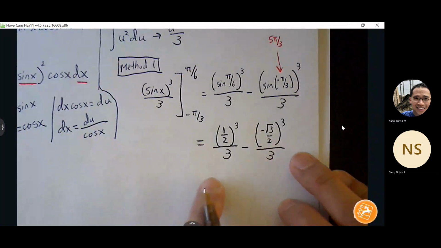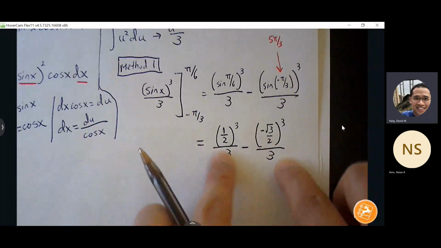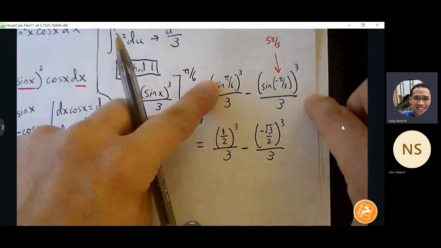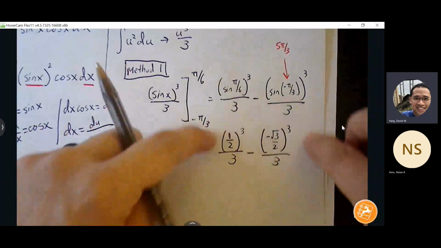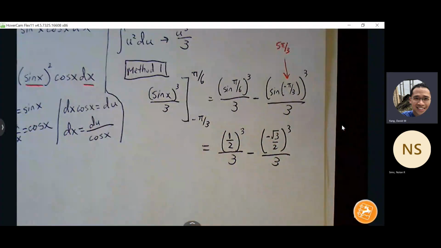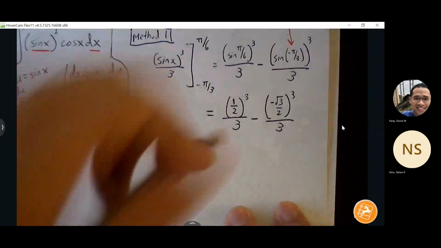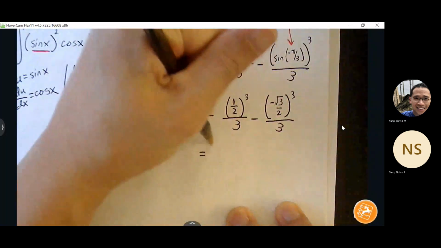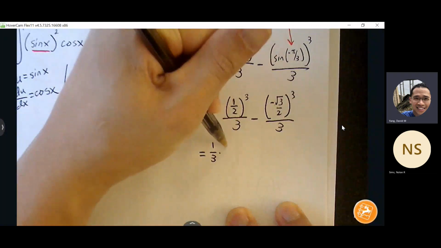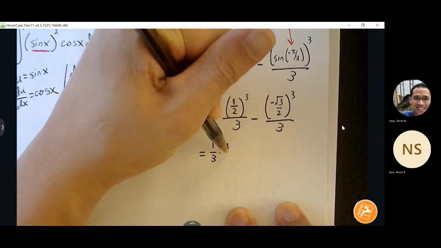Okay. I'll continue cleaning up, but this is more acceptable than this. At least here you've gotten everything down in terms of as a numeric value. We keep going, we can pull the 1/3 out, make that 1/2 cubed 1/8.